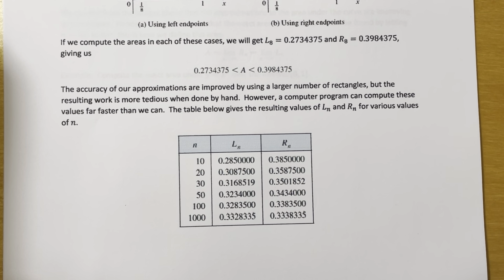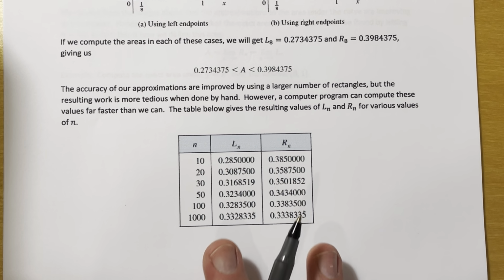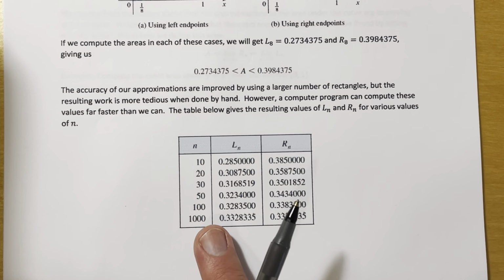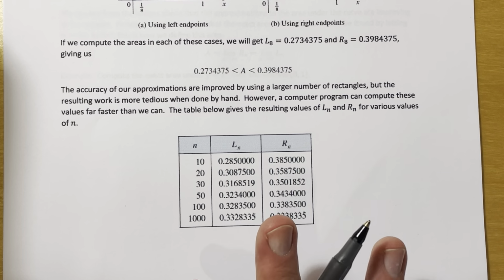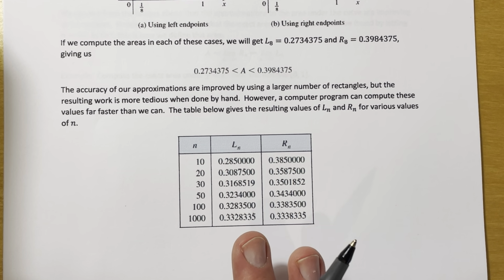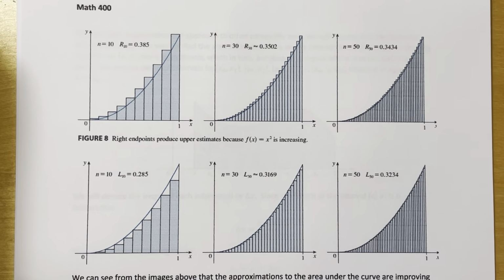We're going to figure out what that is when we find the exact area under the curve in a little bit. But you can see that the more rectangles you choose by using this method, the better our approximation to the area becomes.